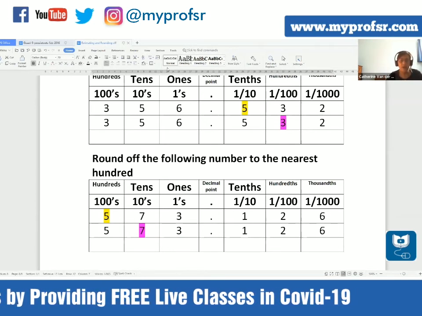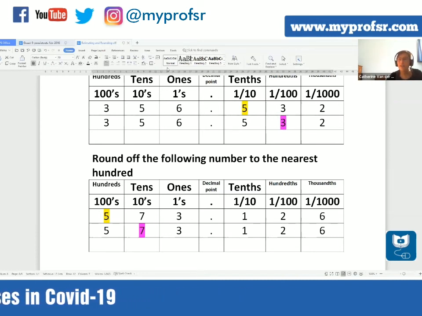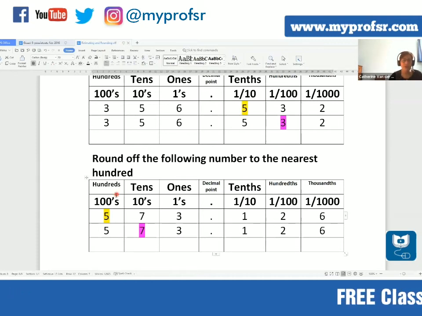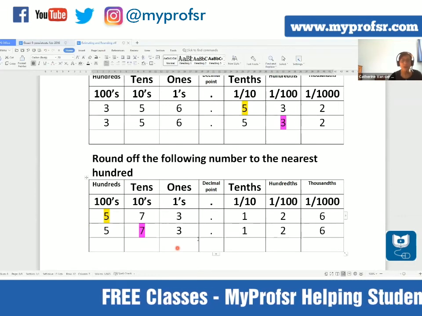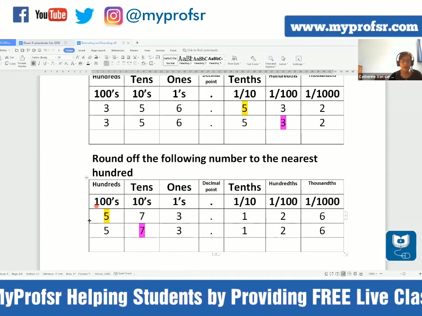Okay, so now we're working not with the numbers after the decimal point, but we are working with the numbers before the decimal point, in other words, the whole numbers. And this can sometimes become a little bit confusing.